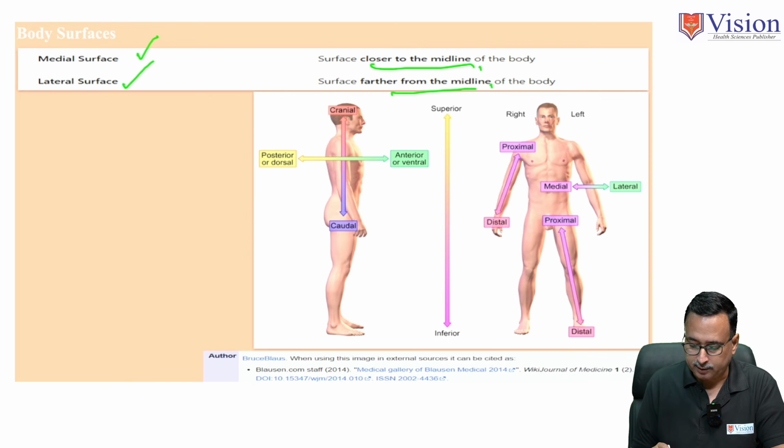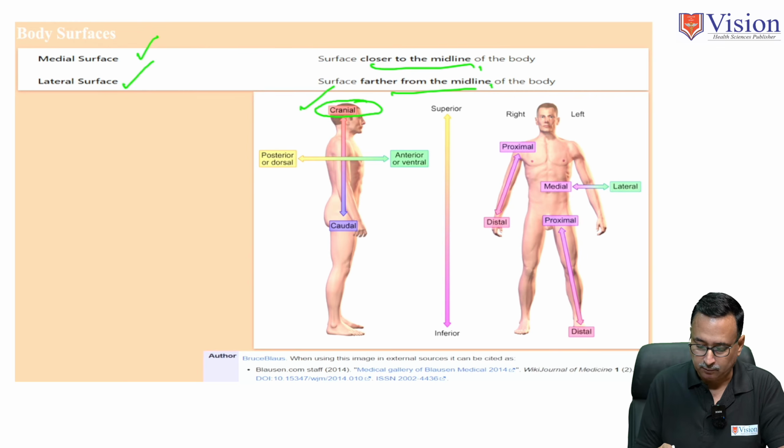Again, this is a more elaborative and colored diagram. So this is also referred to as the cranial surface or superior surface. Inferior surface we can also call caudal surface. And if this is a median line, so this is said to be on posterior or dorsal.